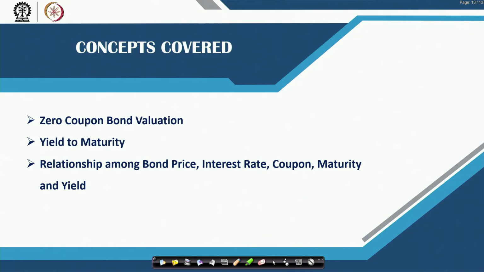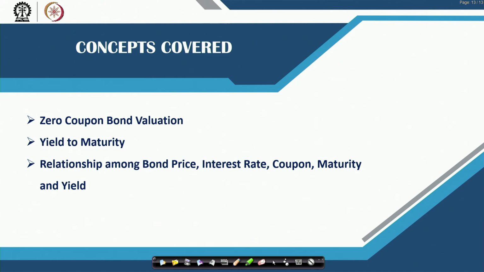In the previous class we discussed certain concepts related to simple and compound interest rates, as well as the different methods used for the valuation of bonds. In today's session, we will discuss how we can value a zero coupon bond.